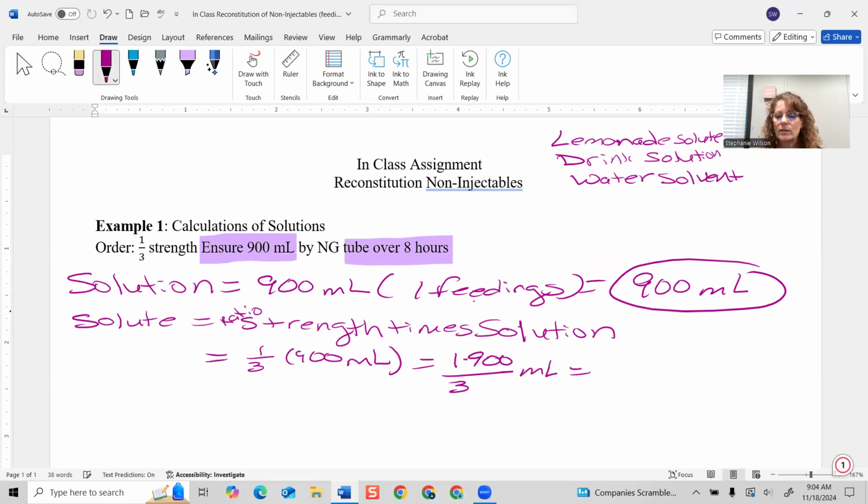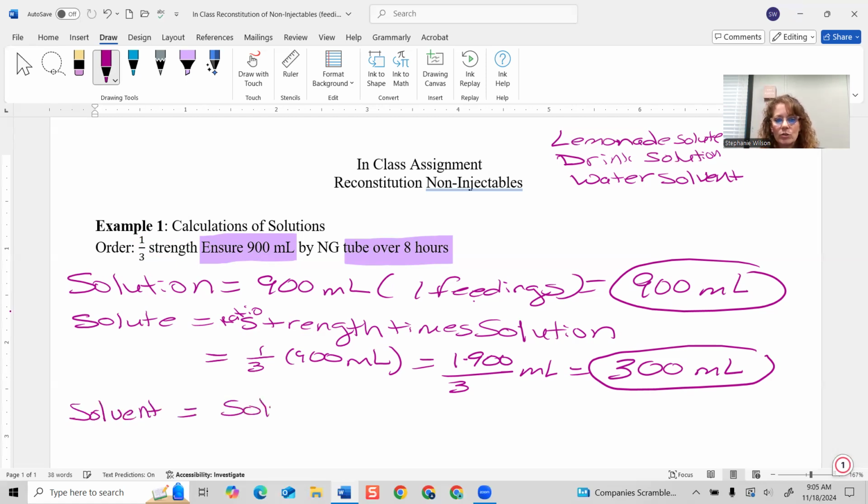Well, 1 times 900 is 900. 900 divided by 3 gives me 300 milliliters. So 300 milliliters is my solute. So in this case, that would be my lemonade powder. Now let's find our solvent, my water, my diluent.